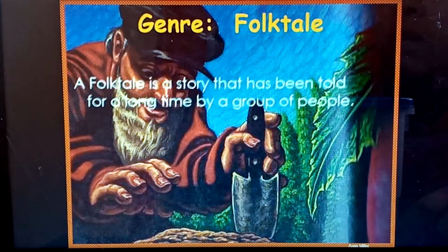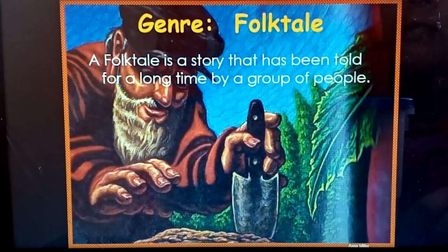So the genre is a folk tale, and folk tales are stories that have been told for a long time by a group of people. So maybe you know folk tales from your city, from Bolivia, even from your family. It's just stories that have been told for a long time by groups of people, from one person to another person.